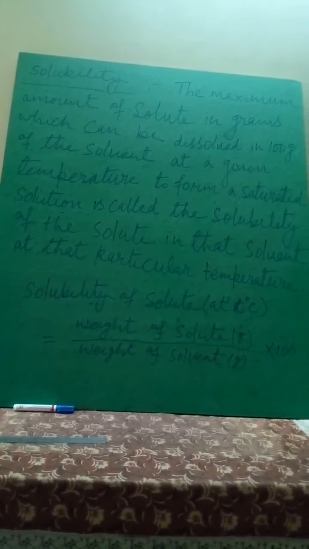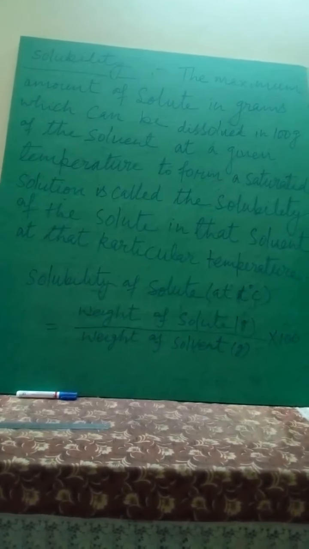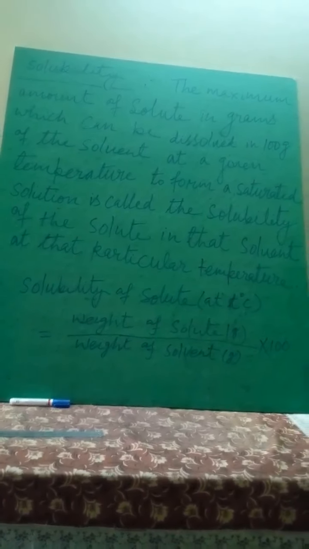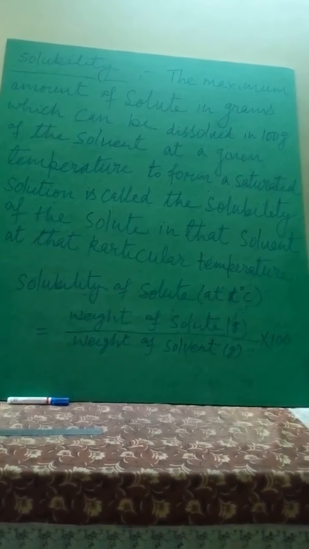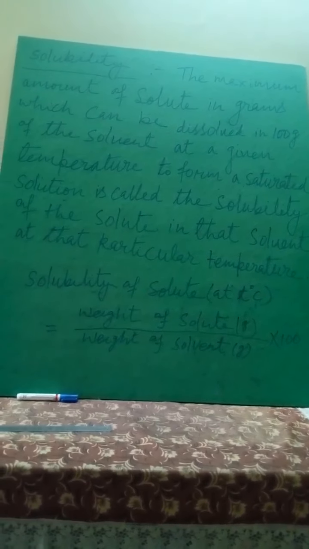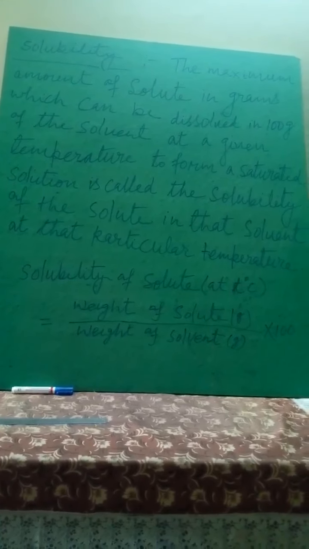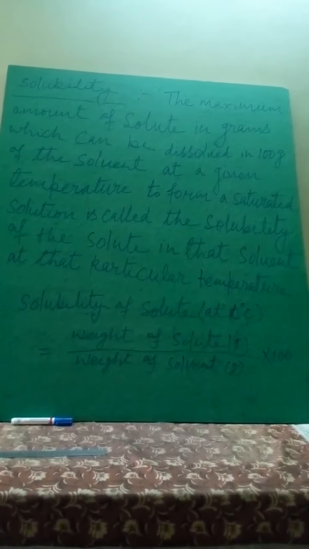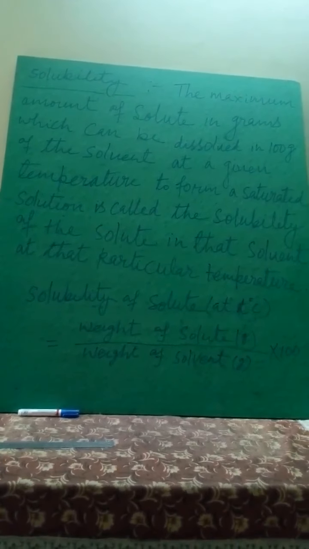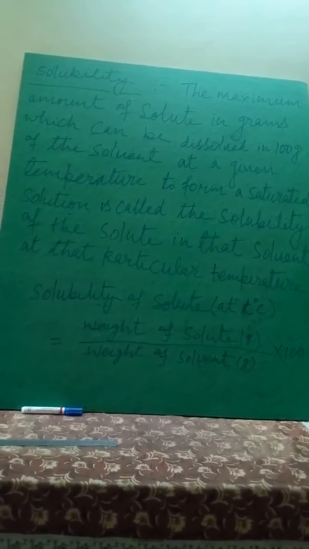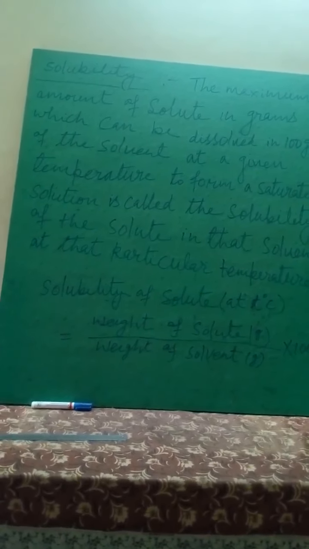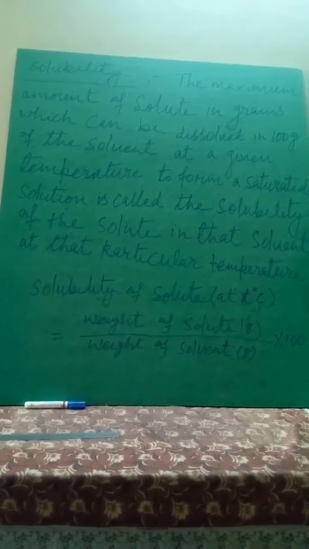Similarly, a maximum of 36 grams of common salt can be dissolved in 100 grams of water at 20 degrees centigrade. Therefore, the solubility of common salt in water at 20 degrees centigrade is 36 grams.